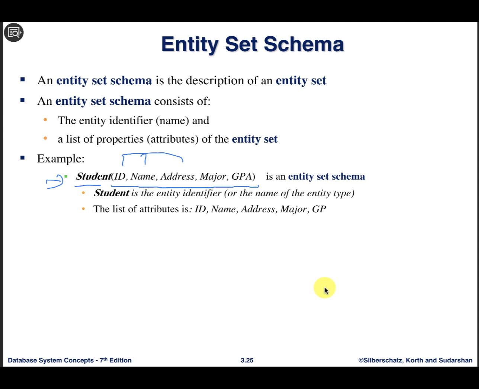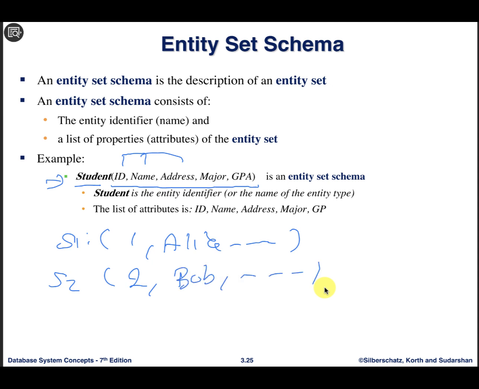For the entity instance, we have student 1, for example ID 1, name Alice, and so on. And you have student 2 with another ID, Bob, and so on. Good.